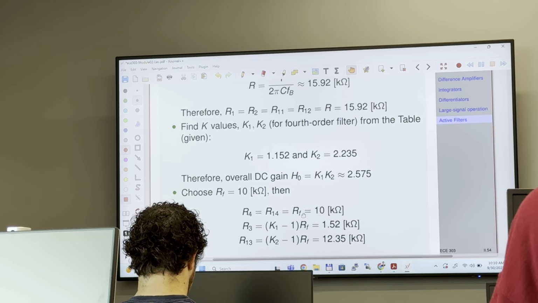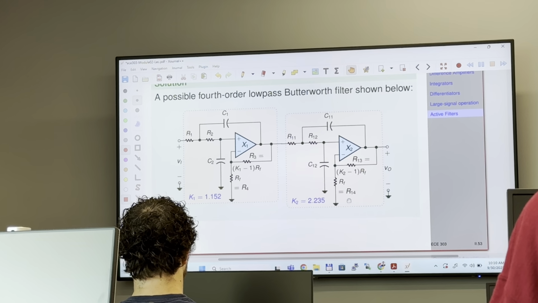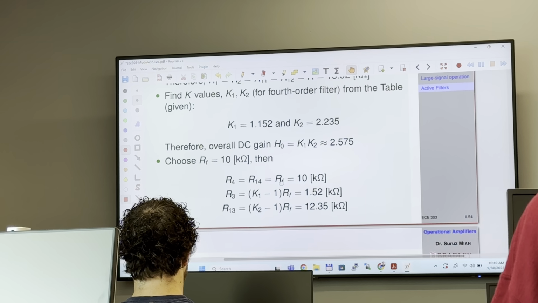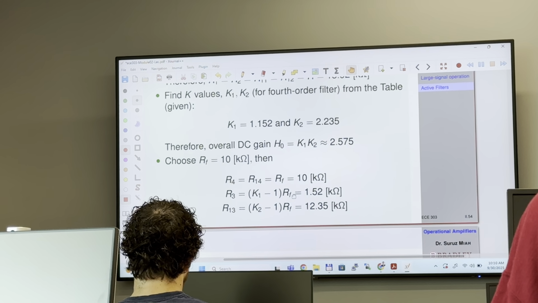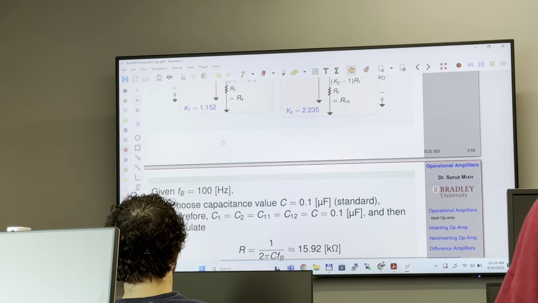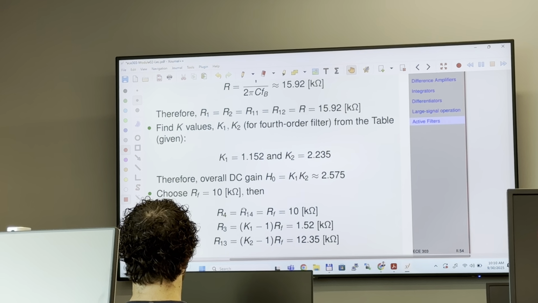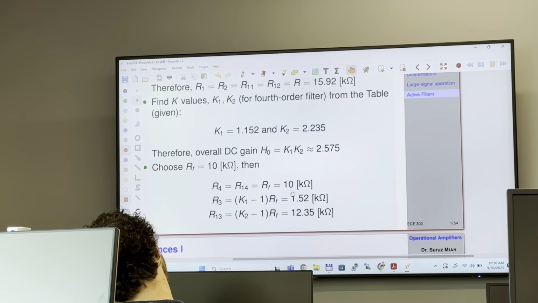R4 equals R1, which is 10K, and RF is 10K. Because we know RF, we can find R3. R3 equals K1 minus 1 times RF, where K1 is 1.152, and RF is 10K, so R3 is 1.52 kilo. And R13, you can find it like that, using the same equation.